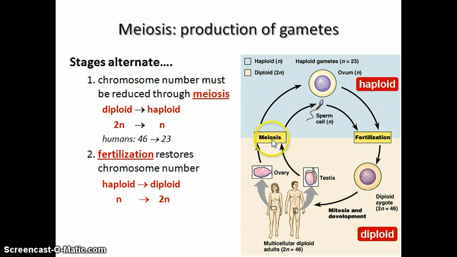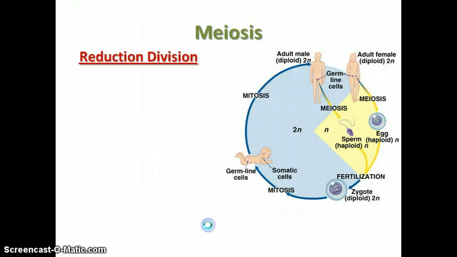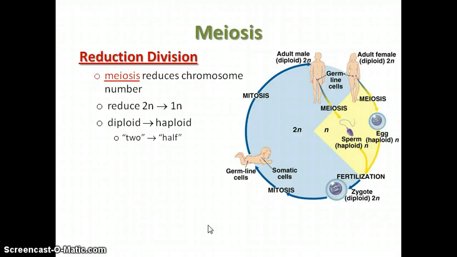And so meiosis allows that diploid set of cells to produce haploid cells that, when fused in fertilization, will again produce a new diploid zygote or offspring. So for this reason, we call meiosis reduction division, because it reduces the chromosome number from 2N to 1N, or diploid to haploid.